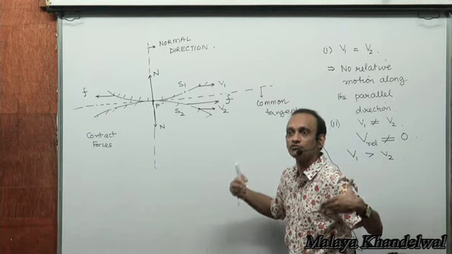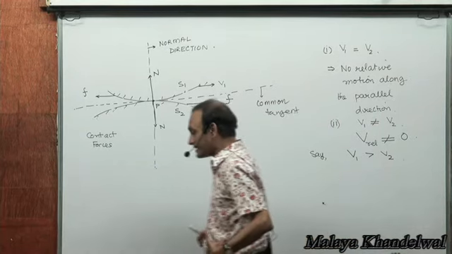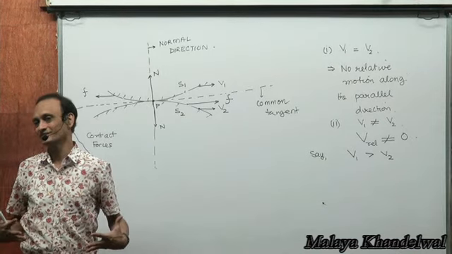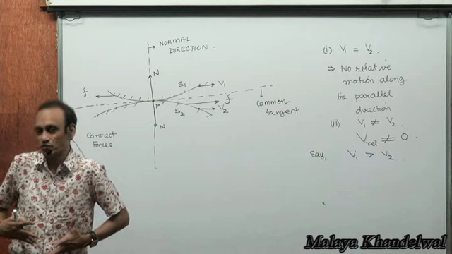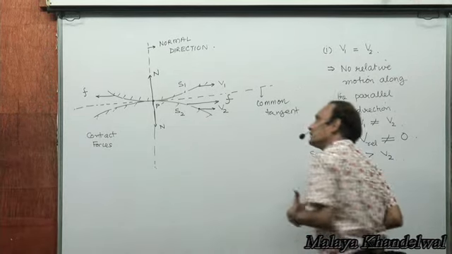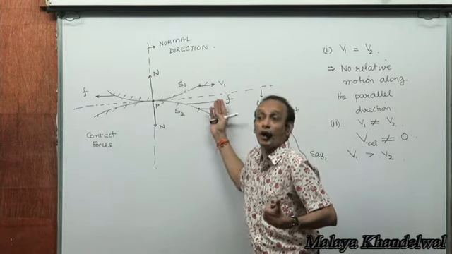This is the character of forces in the parallel direction. So what does it do? It opposes relative motion. And again, it doesn't defy Newton's third law. These parallel forces are equal in magnitude and opposite in direction.